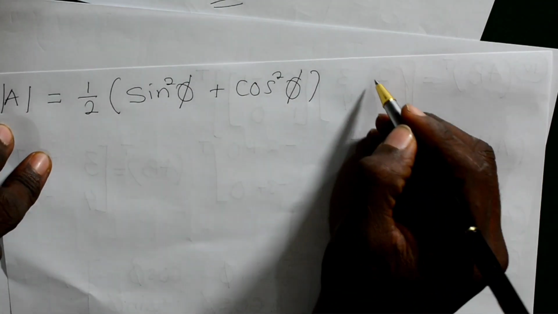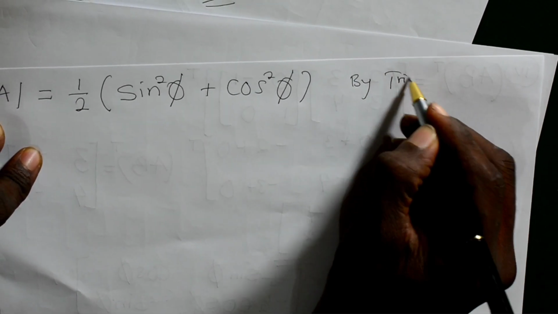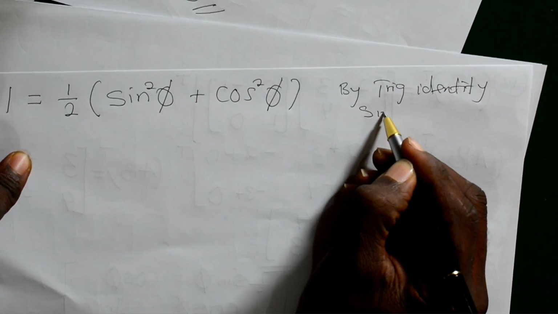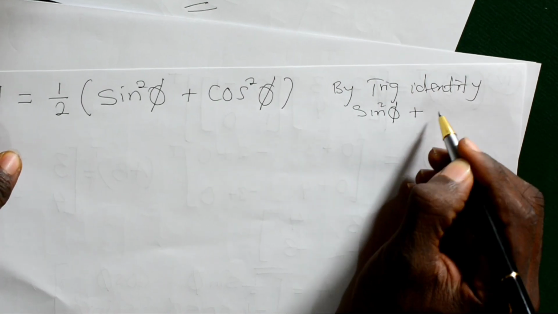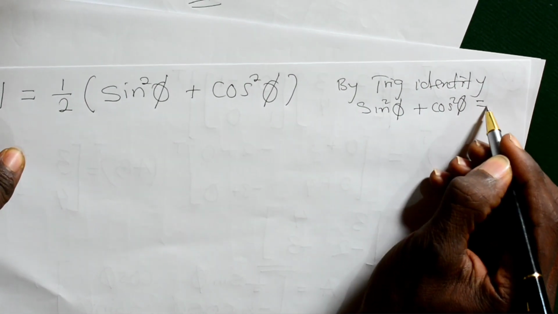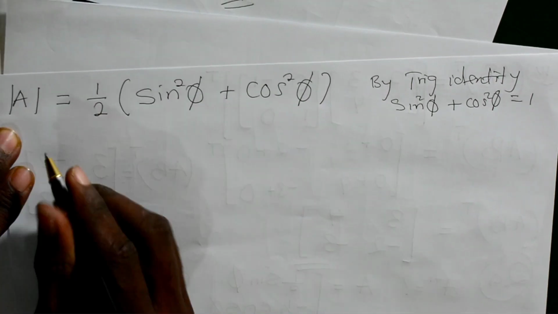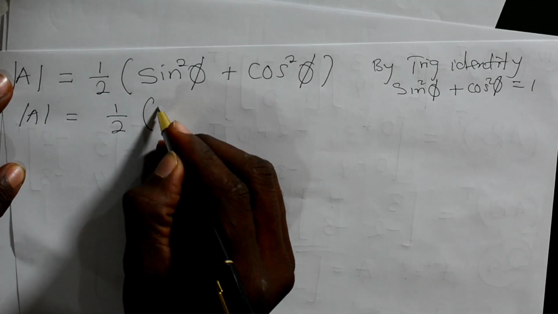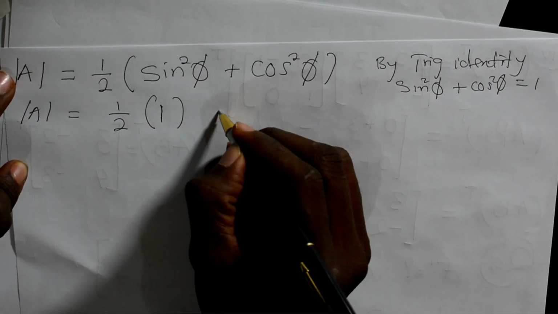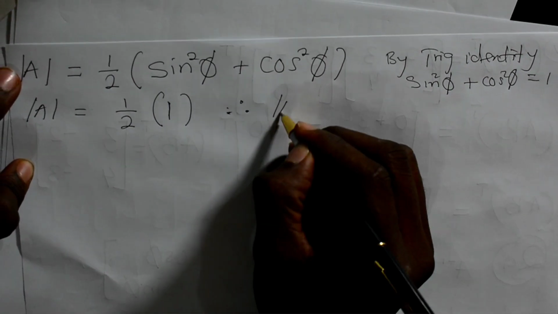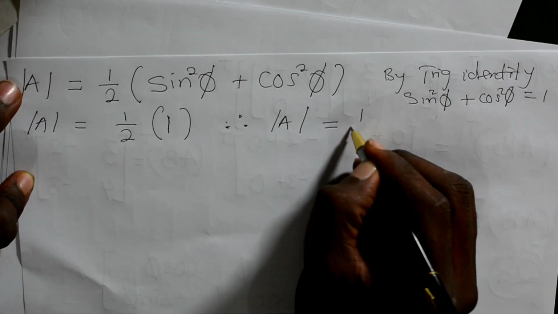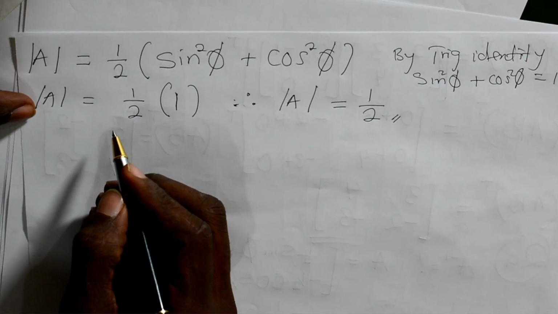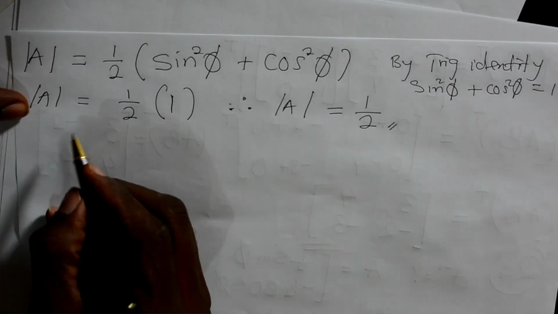So now if we can remember by trig identity, we know that sin square psi plus cos square psi will give us 1. So now we are going to substitute this in here. The determinant of A will be 1 by 2 into 1, that is 1 by 2. So now this is our determinant, 1 by 2.